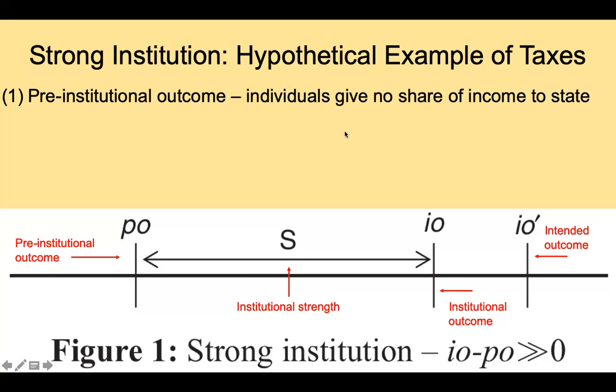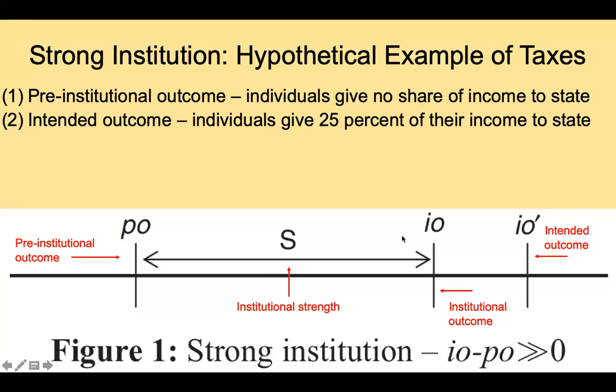Well, we intend to produce an outcome where individuals give a certain share of their income to the state. Let's say, for hypothetical purposes and simplification's sake, that it's a flat tax of 25% of their income, and that everyone in society, individuals, firms, everyone, gives 25% of their income to the state. Okay, so this is our intended outcome.